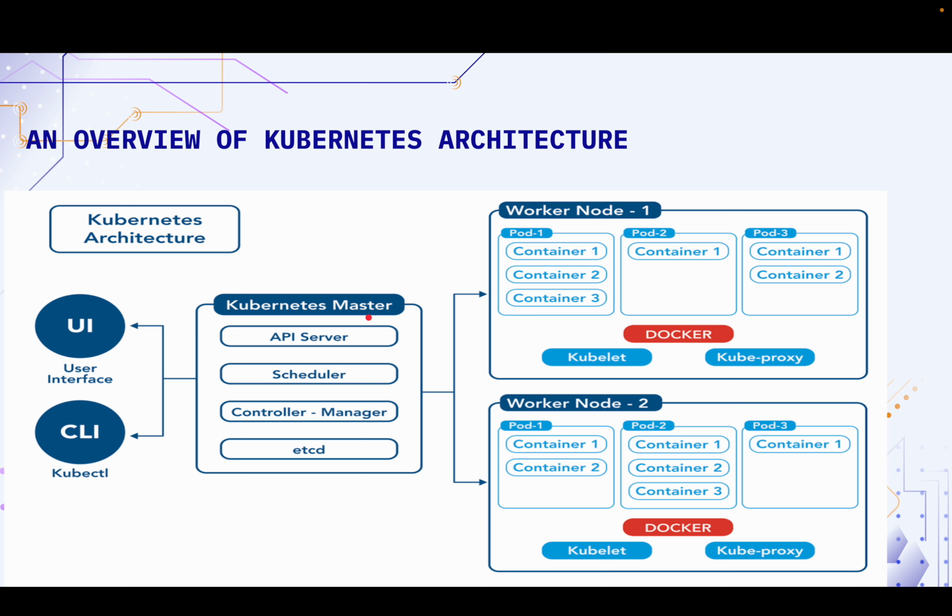It makes global decisions about the cluster. When we say cluster, a cluster is a combination of a master component and the worker components. The master component is responsible for detecting and responding to cluster events, for example, when to start a new pod, things like that.